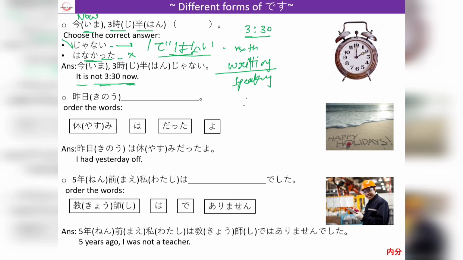Next example is kino. Kino, I mentioned earlier, is yesterday. Yasumi wa datta yo. Yo is basically a particle which is used whenever we are delivering new information to someone. So here it is saying I had yesterday off.